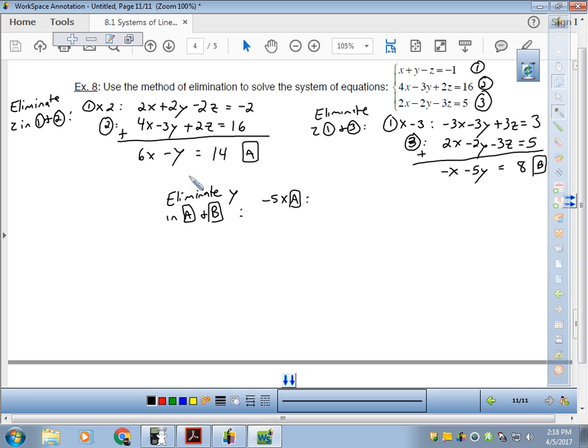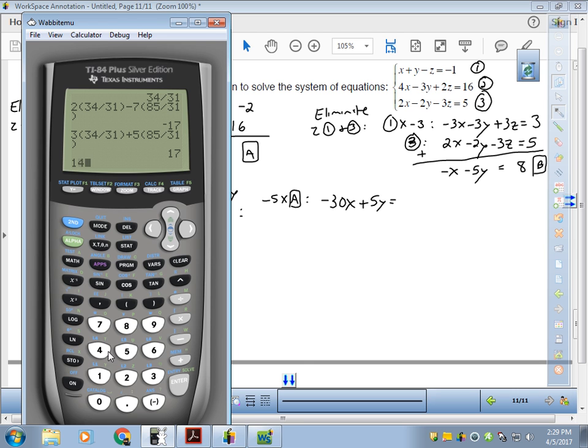So negative 6x times negative 5 gives me negative 30x. And the negative y times negative 5 gives me positive 5y. And negative 5 times 14, I'm going to use a calculator. 14 times negative 5 is negative 70.